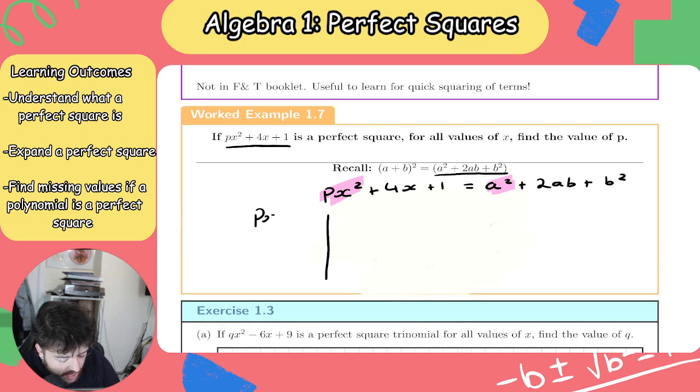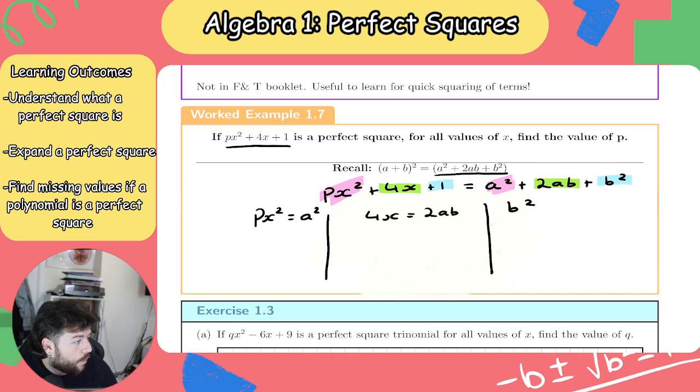So px squared equals a squared. 4x is equal to my middle term, so 4x is equal to 2ab. And finally, my last term, 1, is equal to b squared. So let's lay all of my stuff out and see what we can do. So b squared is equal to 1.